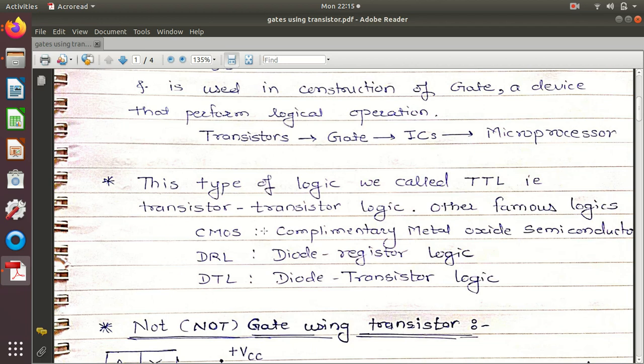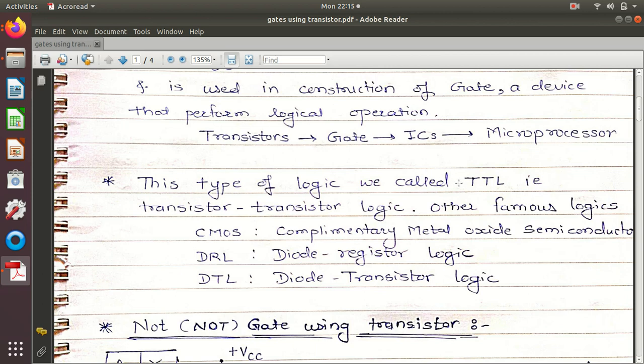Whereas the ICs that belong to the CMOS family, or the ICs that belong to the 4000 family, are mainly composed of, or use, this CMOS technology, wherein the field effect transistor, JFET or MOSFET, is used for the construction of gates, by the combination of which we can form the ICs.